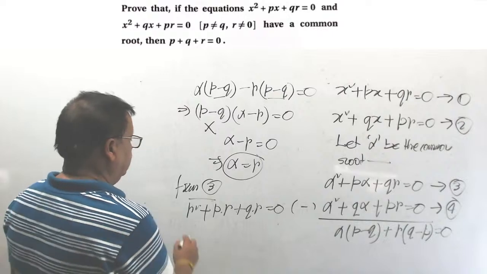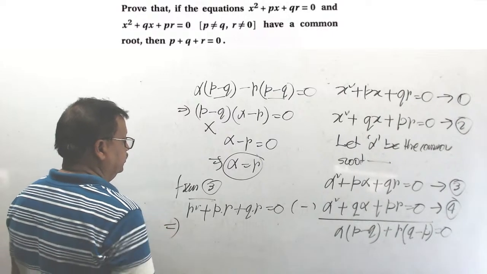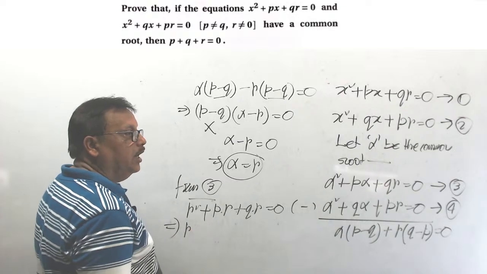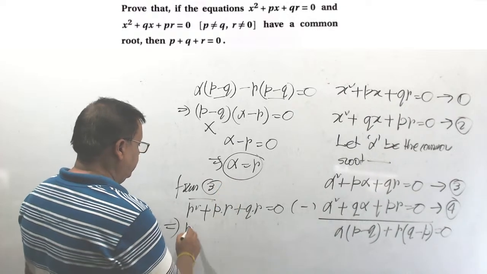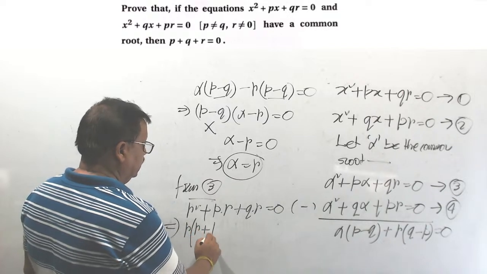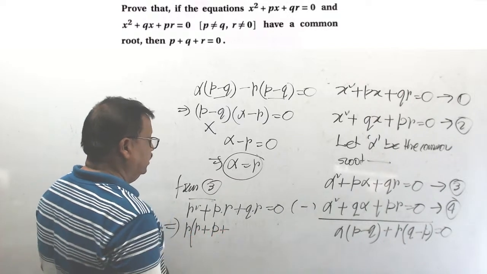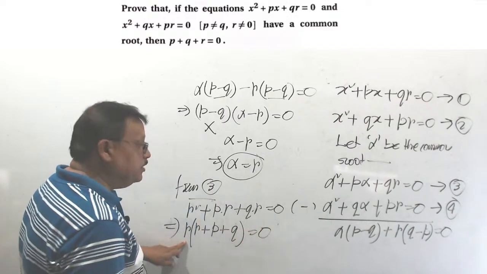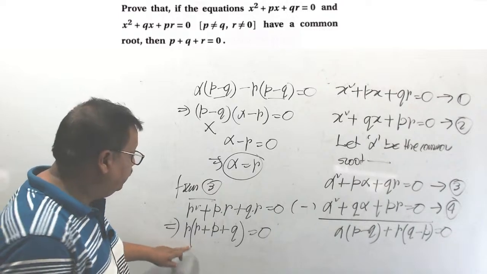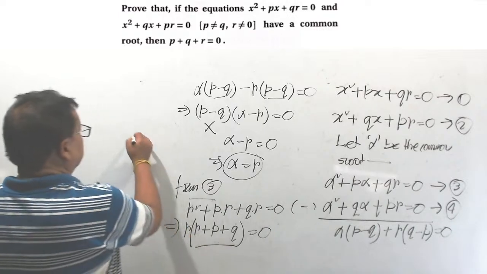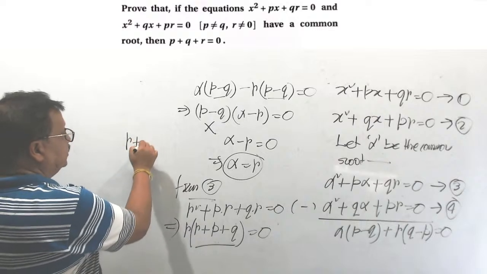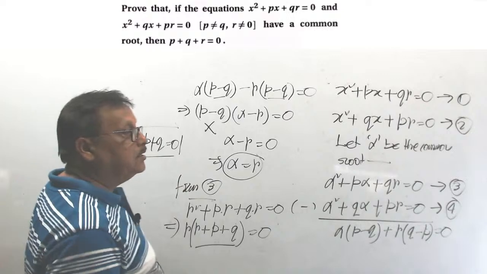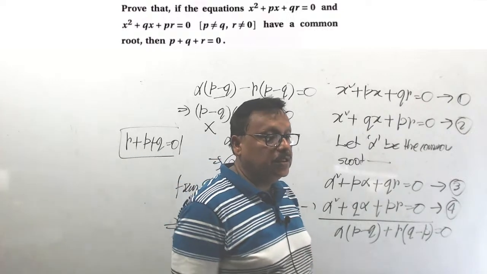Take common r. r is also not equal to 0, it is given. So r plus p plus q is equal to 0. r cannot be 0, therefore this portion is equal to 0. That means you got r plus p plus q equal to 0. What to prove? p plus q plus r. Yes, this is the answer.